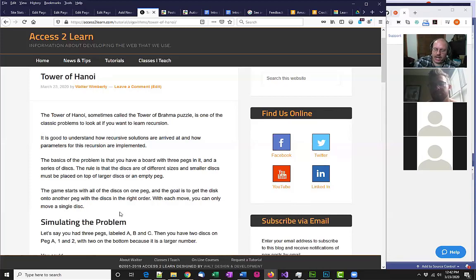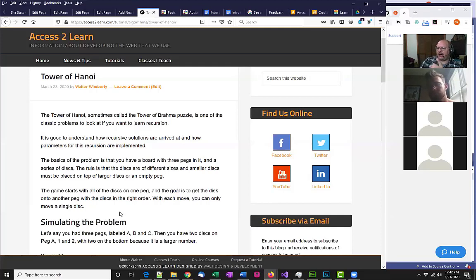The idea is I want to move all of my discs, from biggest on the bottom to smallest, and I can't have a disc that's bigger on top of a smaller one. The larger ones have to be on the bottom, so they have to be stacked like that. I want to move the stack from one peg to another peg. I don't necessarily have to go from A to C; I could go from A to B, or from B to C. But I can only move one disc at a time.